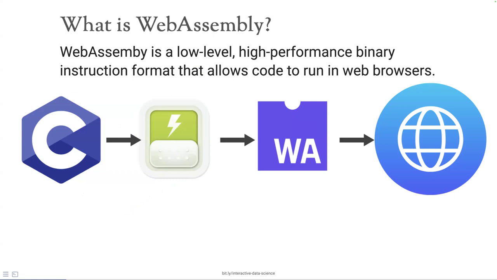So C and C++ code is compiled by something called Emscripten. Emscripten takes the C or C++ code as input. It produces WASM as a result. And once it's in WASM, you can run it in any browser that supports WASM, which in modern browsers is actually most of them.